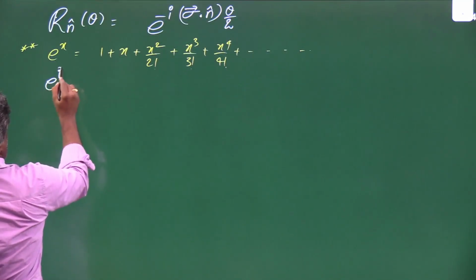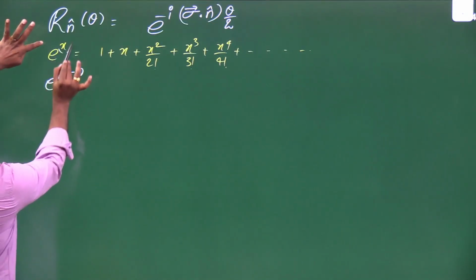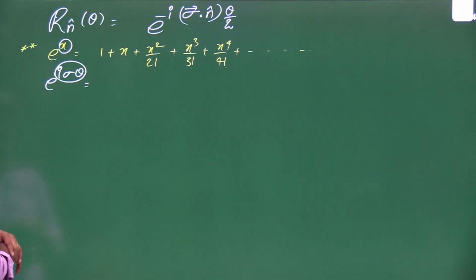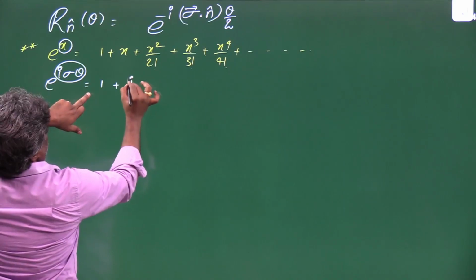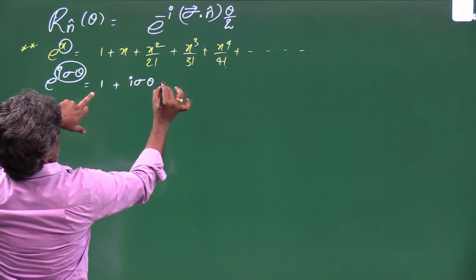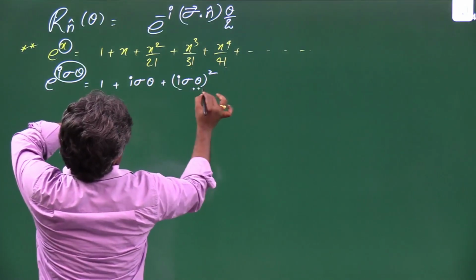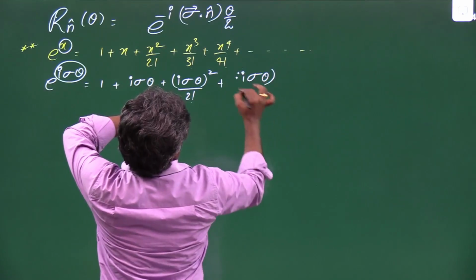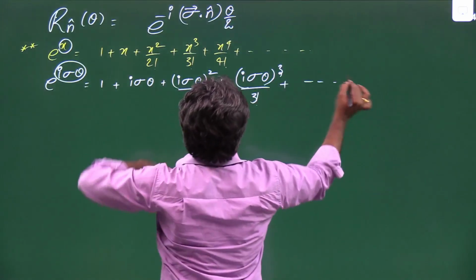E raised to i sigma theta I am taking. In the place of x, what are you having? i sigma theta. Please tell me. It is equal to 1 plus i sigma theta plus i sigma theta whole square divided by 2 factorial plus i sigma theta whole cube divided by 3 factorial and so on.